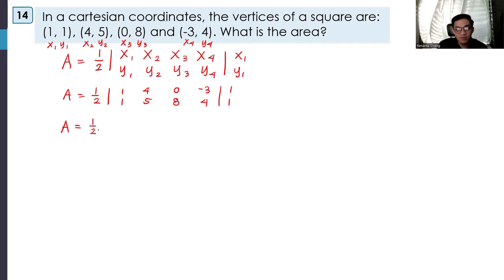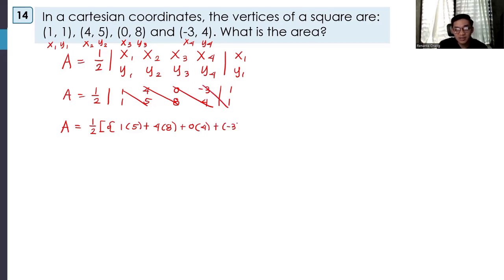Again, 1/2, open parenthesis, that is 1 multiplied by 5. Ito, plus, ito, 4 multiplied by 8, plus, ito, 0 multiplied by 4, plus, ito, -3 multiplied by 1.